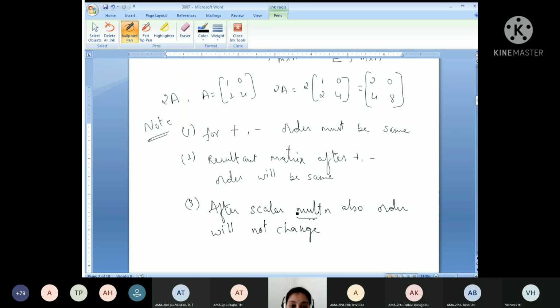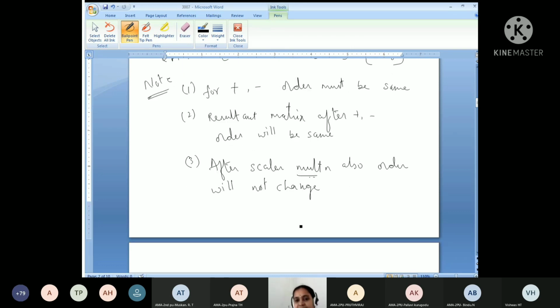Listen, this is very important. See, whatever the order of A, the same order will be there for kA. If A is a matrix of order m by n, then kA also will be of order m by n. That is the meaning of the third note. Is that okay for you, children?